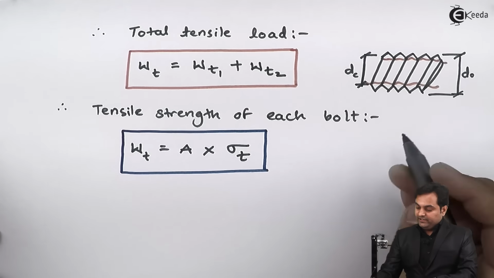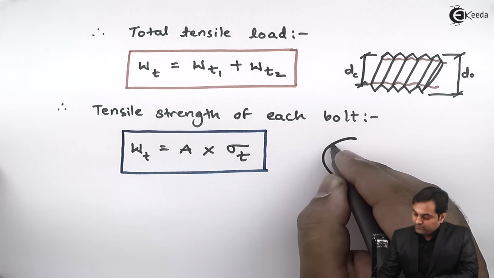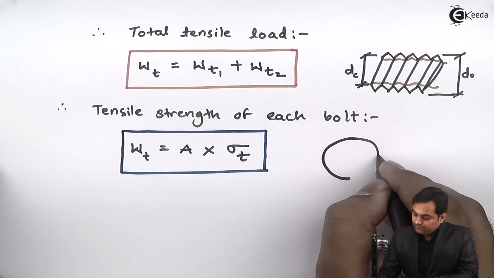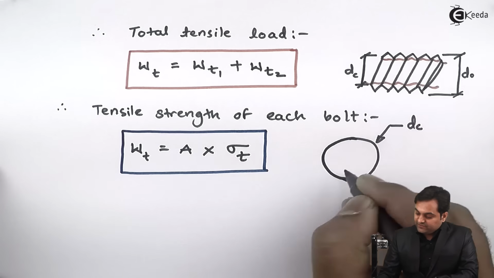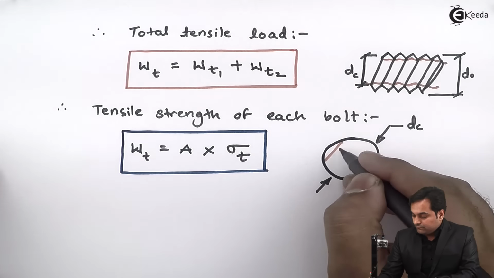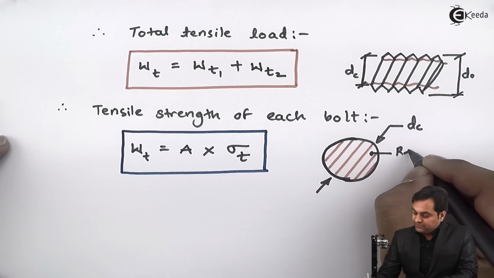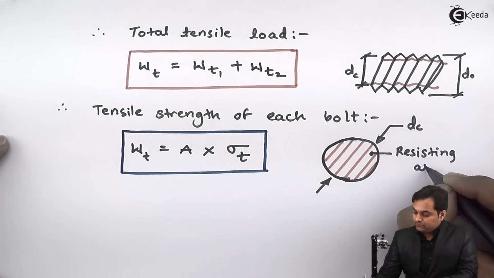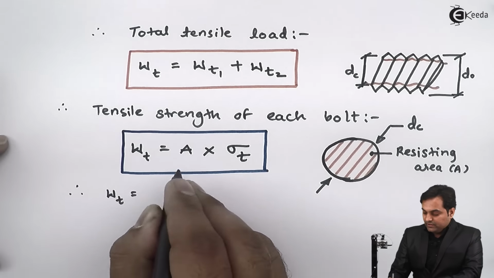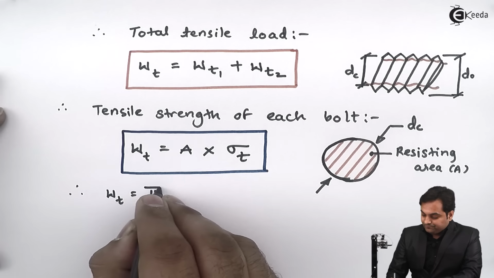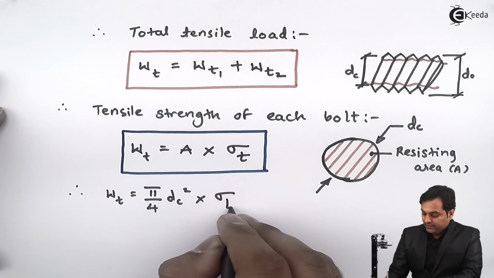So I'll draw the failing area. It will be a circle, circular in section, having the diameter as d suffix c. So this is the resisting area. So therefore WT becomes, area of a circle, pi by 4 dc square into sigma t.